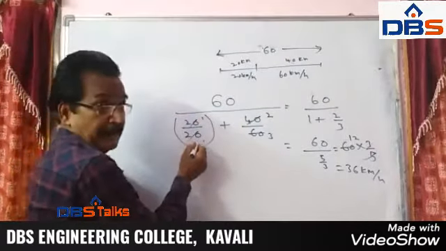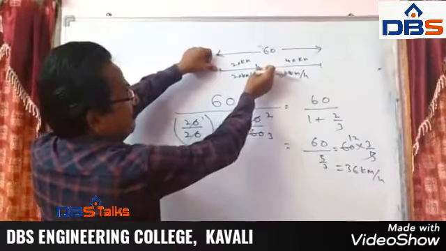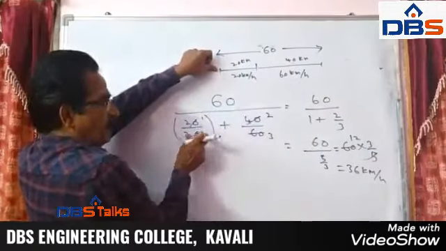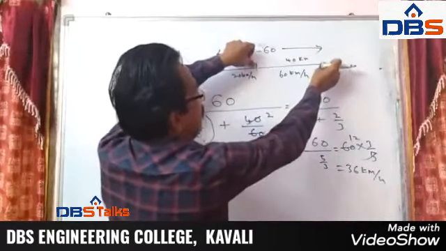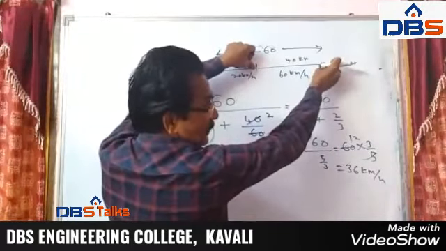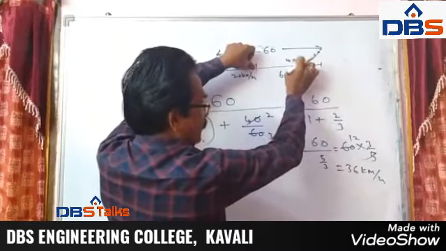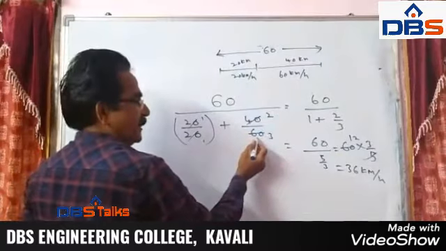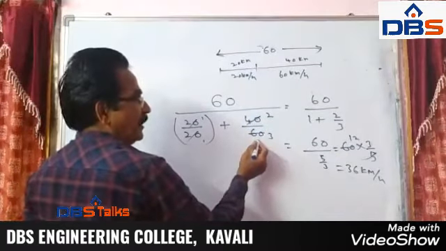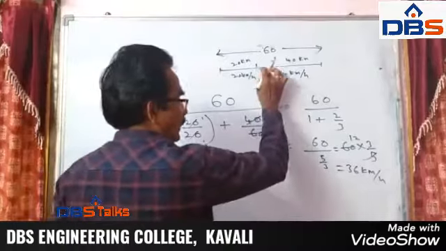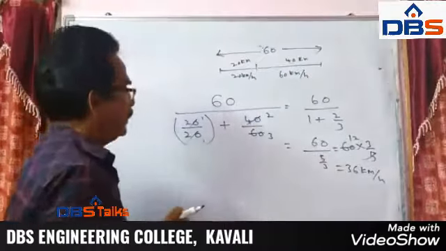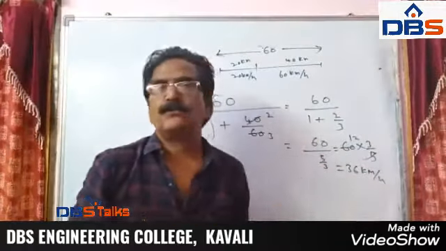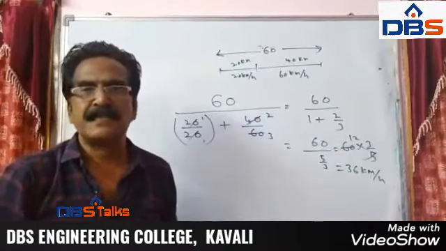This is the time taken to travel the first 1/3 distance by speed, plus this is the time taken to travel the remaining 2 by 3 of the distance, that is 40 kilometers, distance by speed. The total time is this plus this. So simplification is easy.